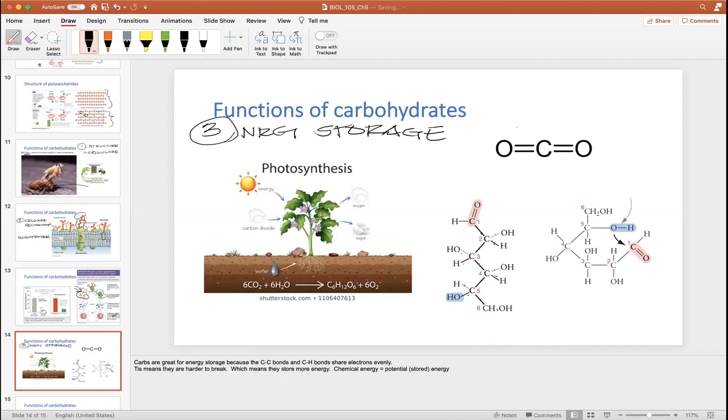The energy in carbohydrates is stored in these bonds here, and I'll show you why in just a second. But let's just remember where we're getting that energy from. That energy is coming from carbon dioxide in the atmosphere that is being used by plants. They are using the energy of sunlight to take these carbons, mingle them with water, and create these carbohydrate molecules for the purpose of energy storage.